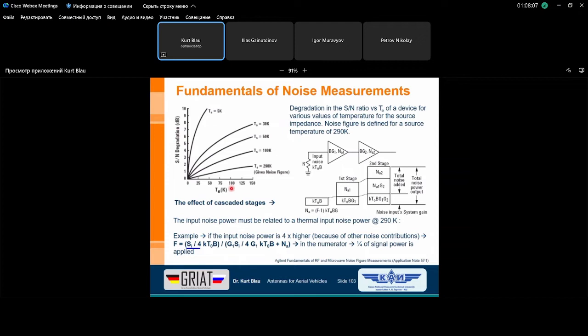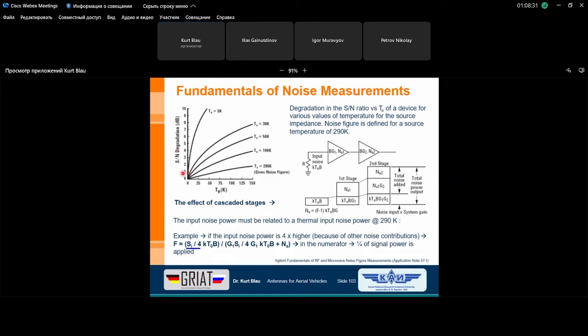Okay, this is nothing else than the other scaling for our equivalent noise temperature of our source, of the real part of the source resistance.